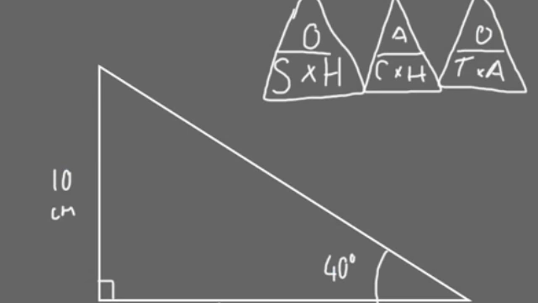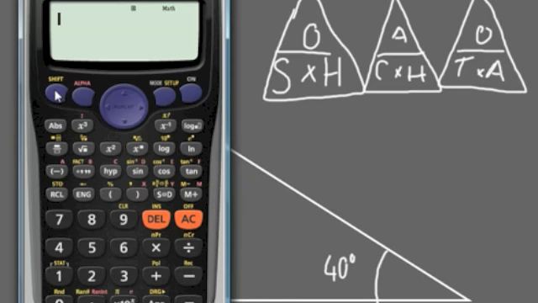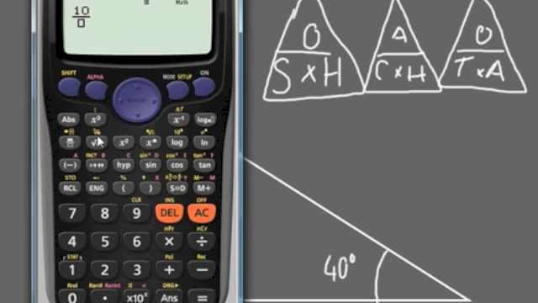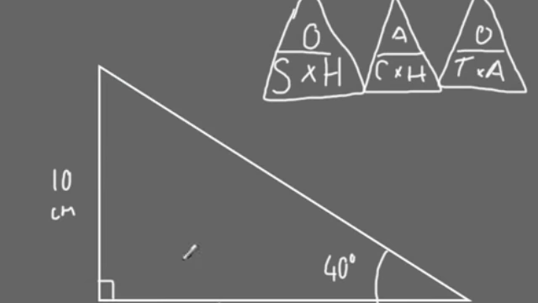We're using this one here. That'll give us the adjacent. So what we do is set up a fraction bar, the opposite, which is 10, over, and you just push down on that button. Now we don't want shift, we simply want tan of the angle. 11.91. So that's that distance right there.